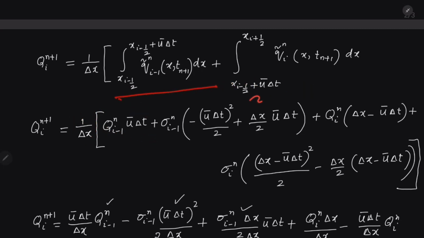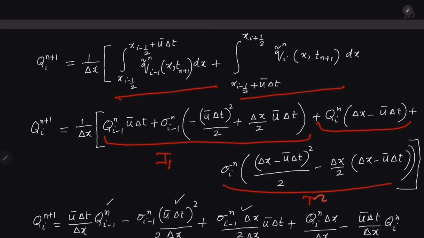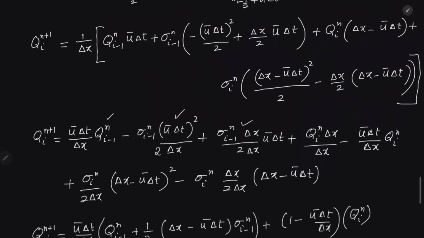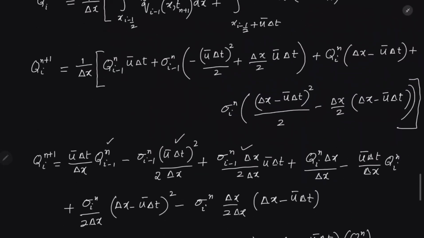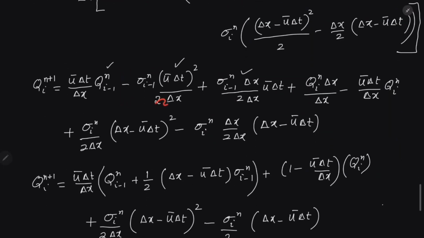We put this value, then we put this value. This is the answer of I1, and this is the answer of I2. So we just multiply the terms. We multiply this term by 1 by delta x and so on. So we solve all these equations.